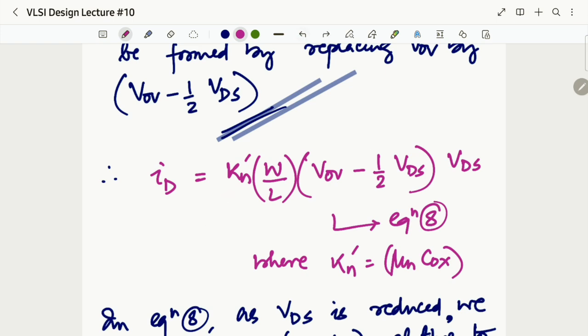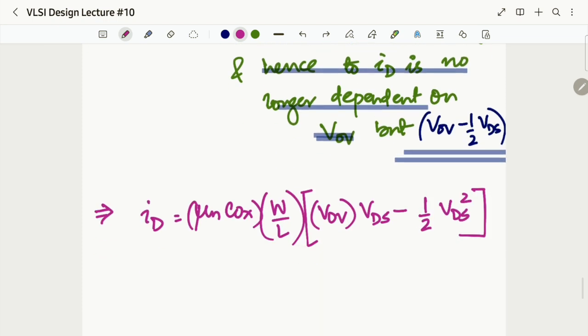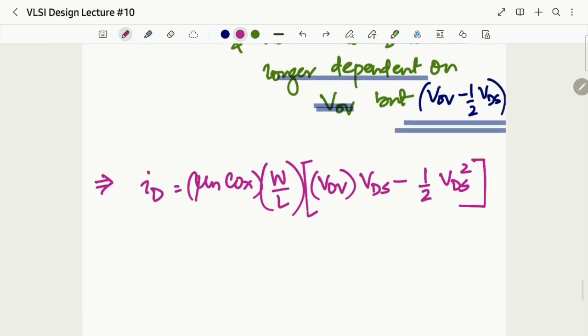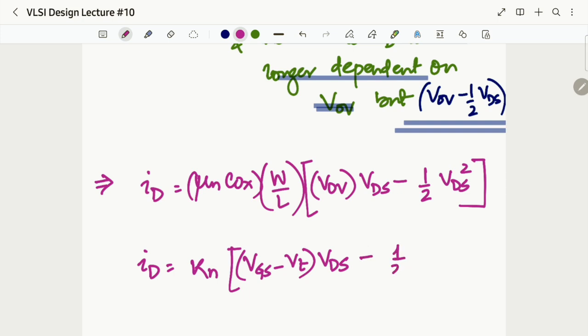Okay. Nothing more I have done. So now I can write ID equals Kn into VOV, VGS minus VT, multiplied with VDS minus half of VDS square.